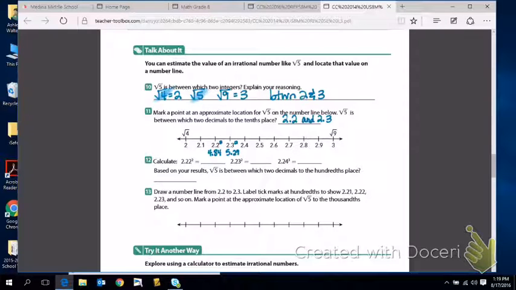So I might place that here on the number line. But we can narrow it down even farther by taking it out to the hundredths place. If I were to square 2.22, I would come up with 4.9284. If I were to square 2.23, I would come up with 4.9729.